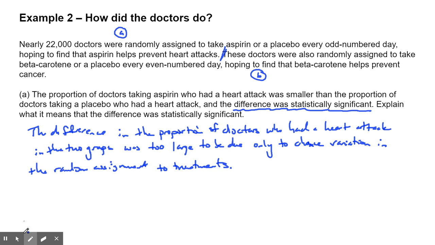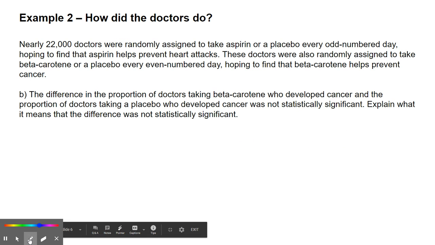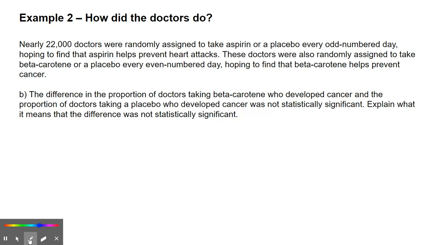Okay. All right. Part B. It says, okay, nearly same kind of thing. So now it says the difference in the proportion of doctors taking beta carotene who developed cancer and the proportion of doctors taking a placebo who developed cancer was not statistically significant. Okay, so the difference was not statistically significant. Explain what it means that the difference was not statistically significant.